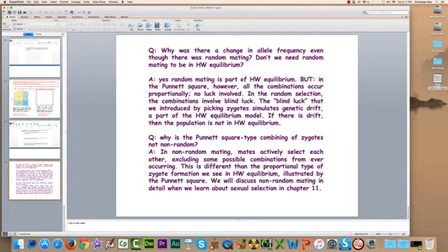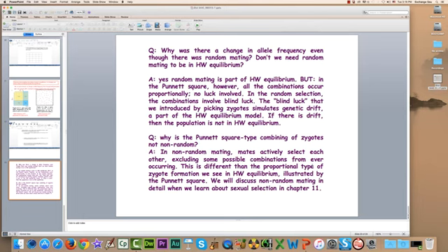All right, down here we have a couple of questions addressed. This is related to what I was just saying. Question: why was there a change in allele frequency even though there was random mating? Don't we need random mating to be in Hardy-Weinberg equilibrium? Yes, random mating is part of Hardy-Weinberg equilibrium, but in the Punnett square, all the combinations occur proportionally.